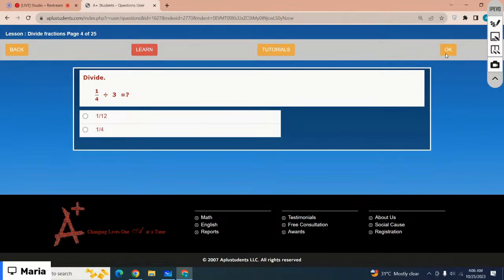Okay, the next one is 1 by 4 divided by 3. So, which is the correct option? 1 by 4 divided by 3. The correct option is, yes, very good. That would be, yes, that is 1 over 12.